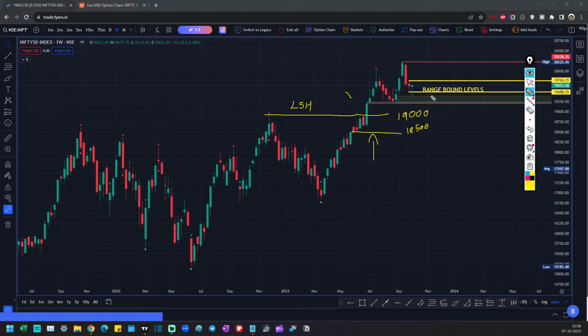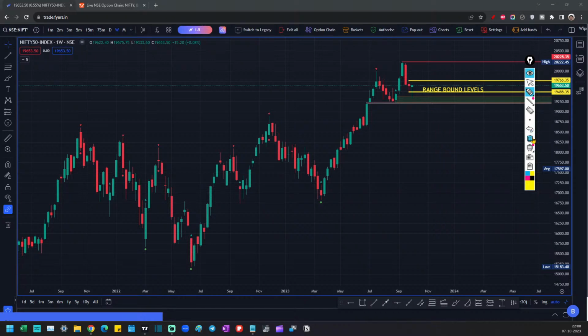So if Nifty comes back to this range tomorrow, only if it is bearish, you can expect a bounce at this level, which is nothing but the 19,000 to 18,500. So now, keeping in mind that this high has been taken out, obviously a retest can possibly come.